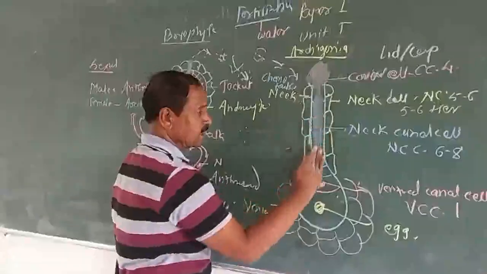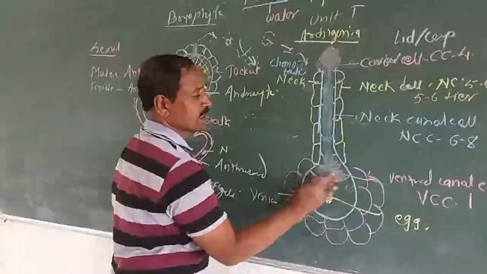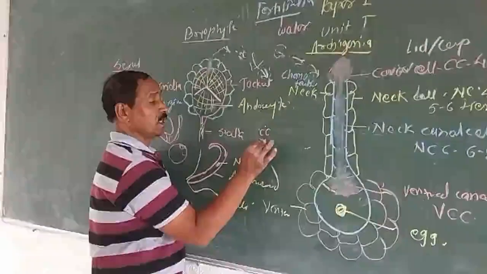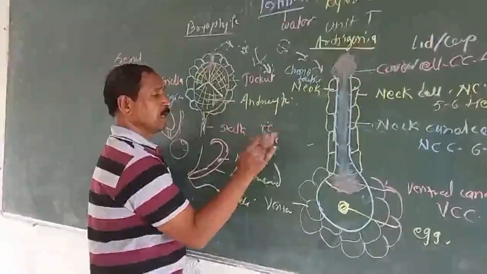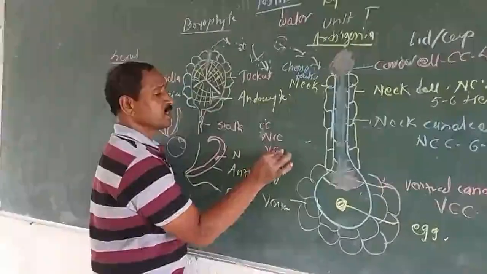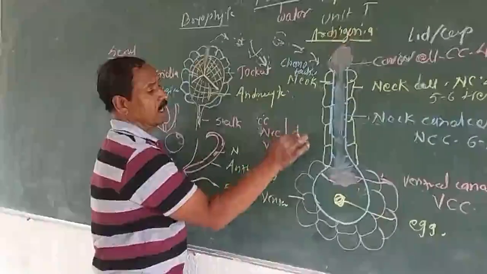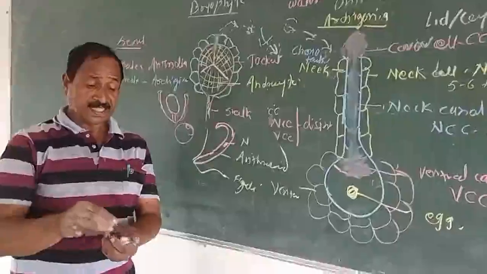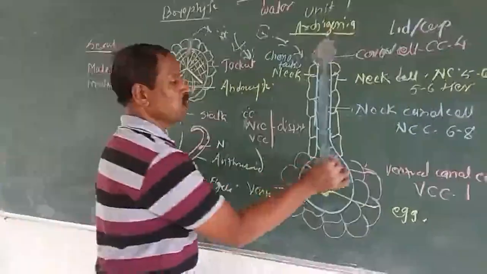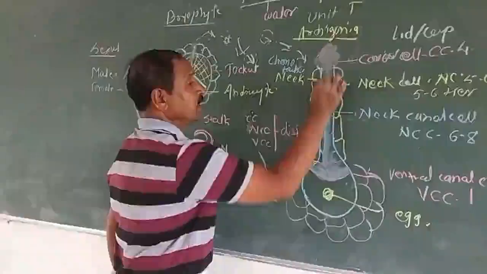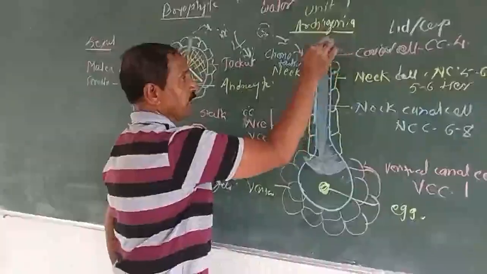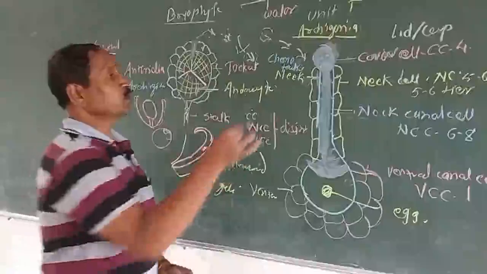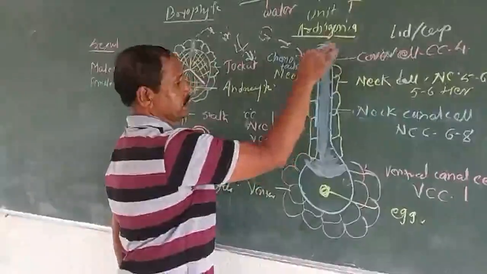Before they reach the archegonium, the cover cells, neck canal cells and ventral canal cell, that is CC, NC and VCC, these cells disintegrate. Due to their disintegration, mucilage forms in the neck, and at the tip, in the mucilage, the anthrozoids are attracted.